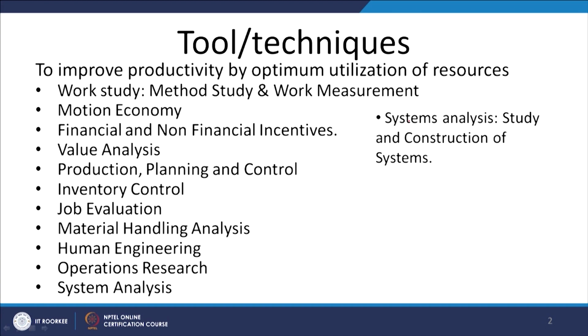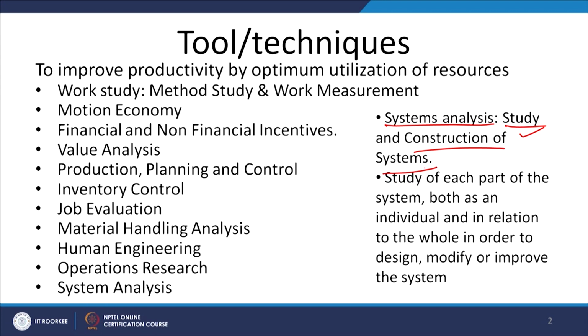The system analysis basically involves the study and the construction of the system. So, it will involve different aspects related with the given work, and it will suggest what should be done.